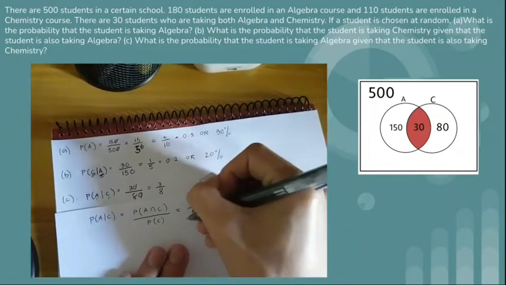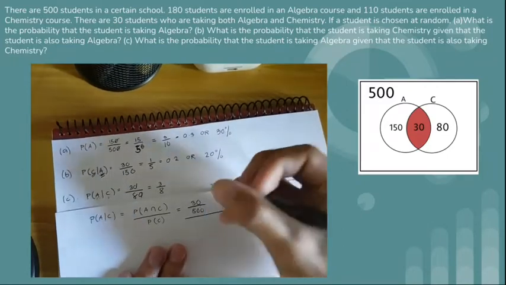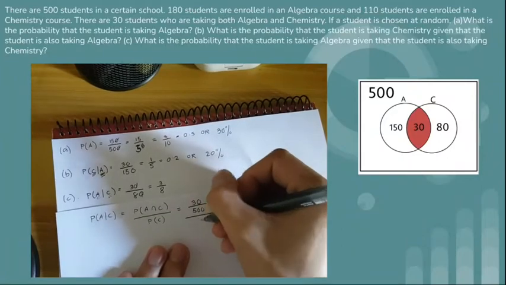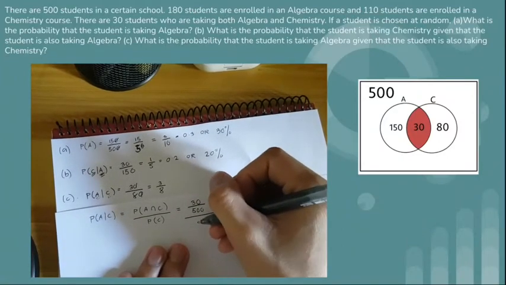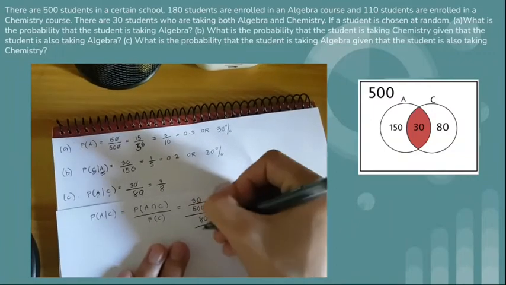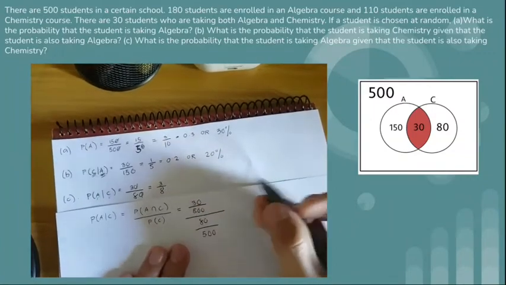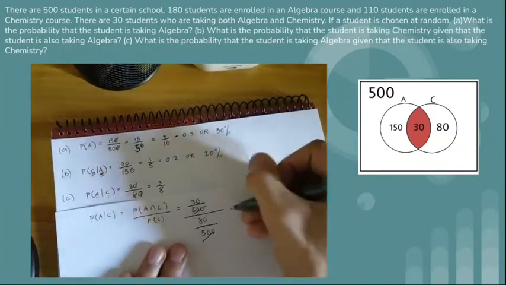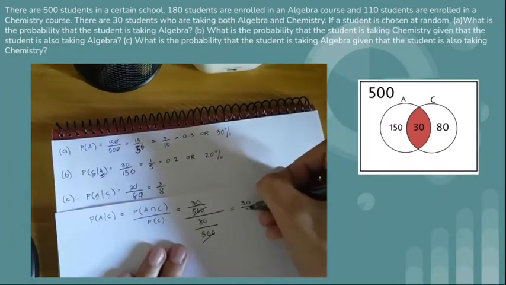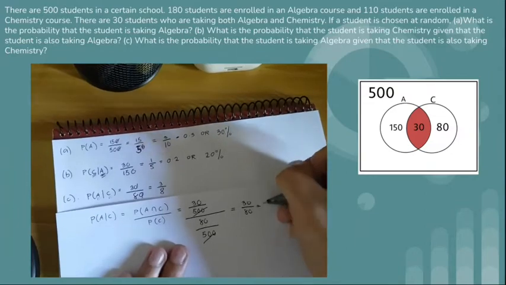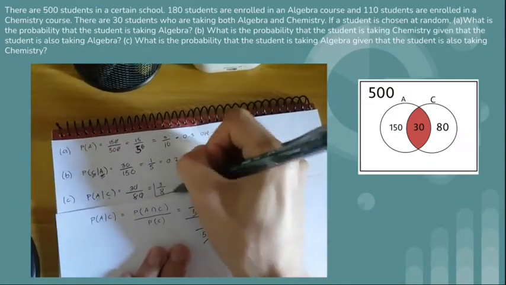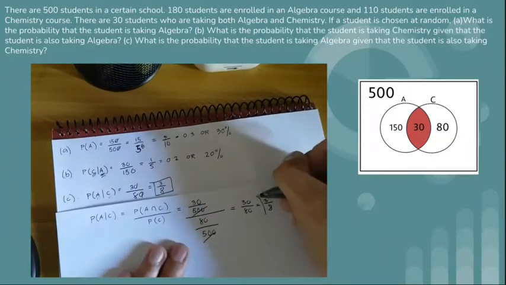This is the total of our sample space. Then over probability of C. So, how many are taking the chemistry class only, right? 80. 80 over 500. So cancel the 500, it becomes 30 over 80 or 3 over 8. It is the same as our answer earlier.